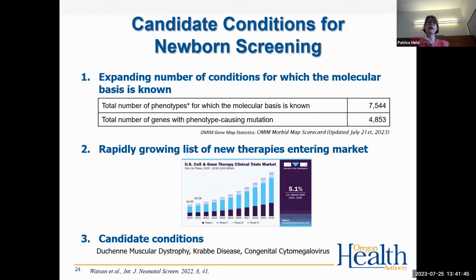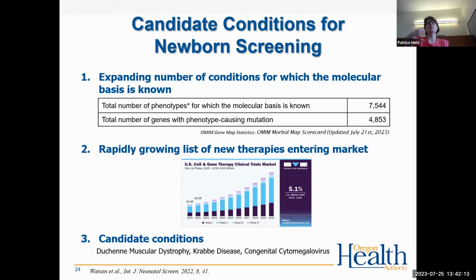There are over 7,500 different conditions that are known and over 4,800 genes that have been described with mutations that cause disease. So we can only imagine that over time, there are going to be more and more conditions for which the molecular basis is known, potentially optimal for screening.